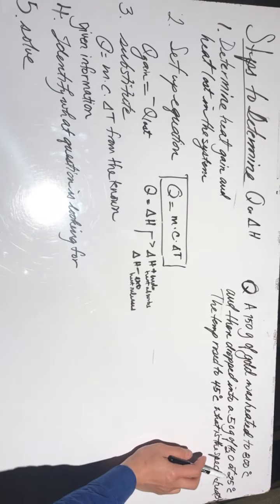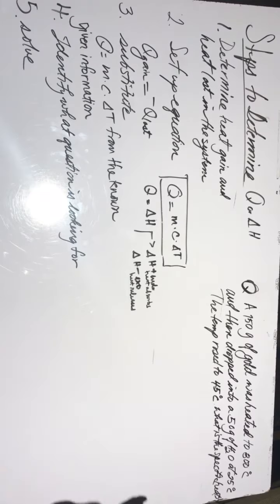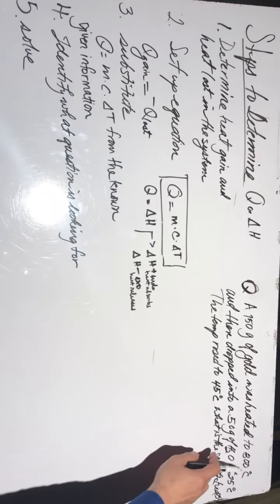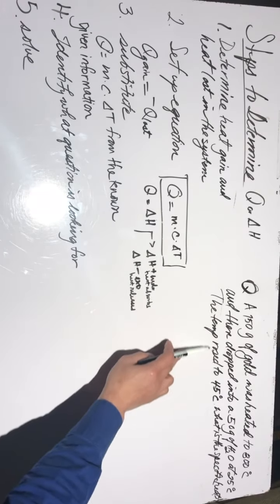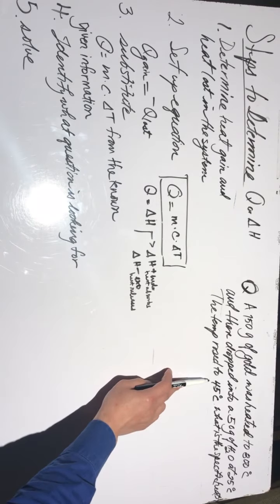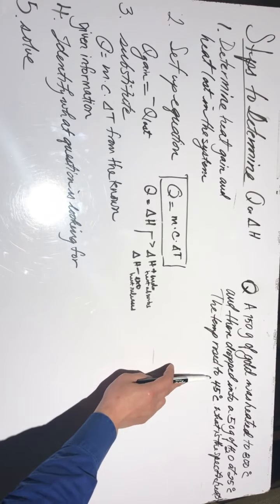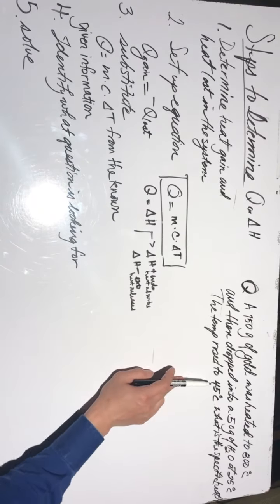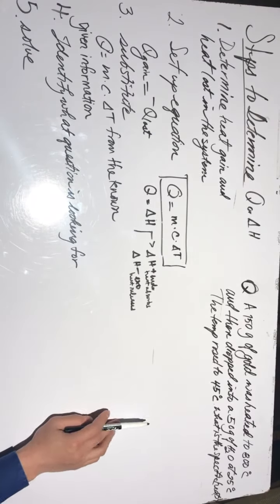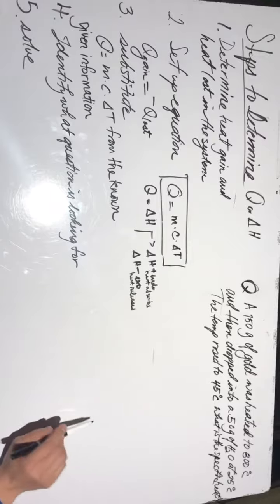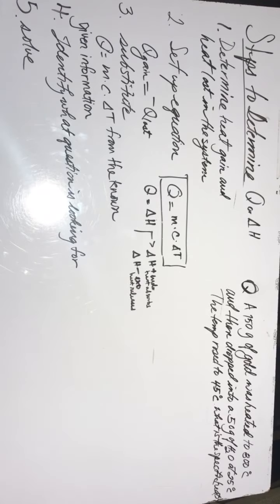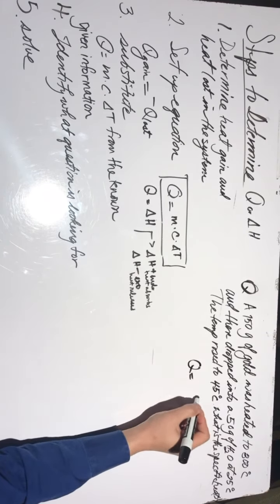So gold and water have different initial temperatures, and then the final temperature: the temperature of the water rises all the way to 55 degrees Celsius. From here, you determine which one gains and which one loses heat.